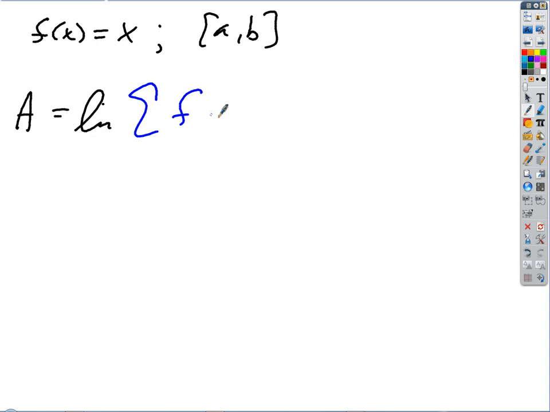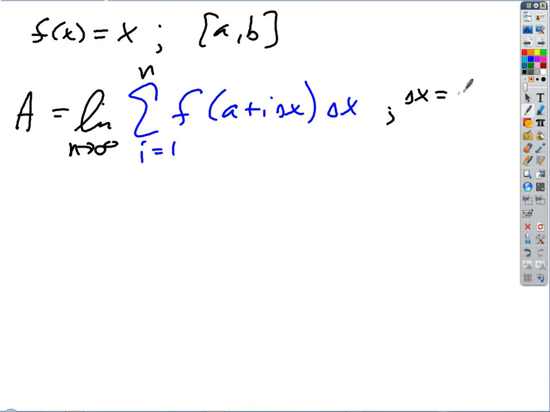The sum of f of a plus i delta x times delta x, as i goes from 1 to n, in the limit that n goes to infinity. Now what's our a? Our a is just a. What's our b? It's just b. Our function is f of x equals x. What's delta x?